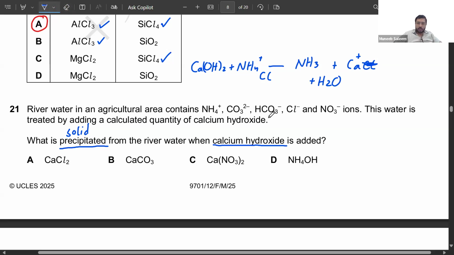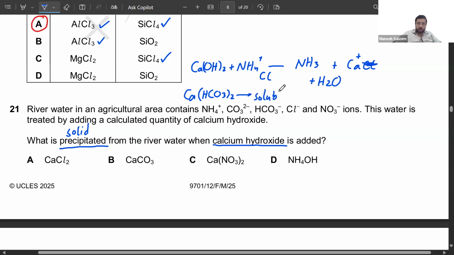Now we check the hydrogen carbonate. Hydrogen carbonate, when reacting with the calcium hydroxide, will produce calcium hydrogen carbonate, Ca(HCO3)2. Now this compound is water soluble.